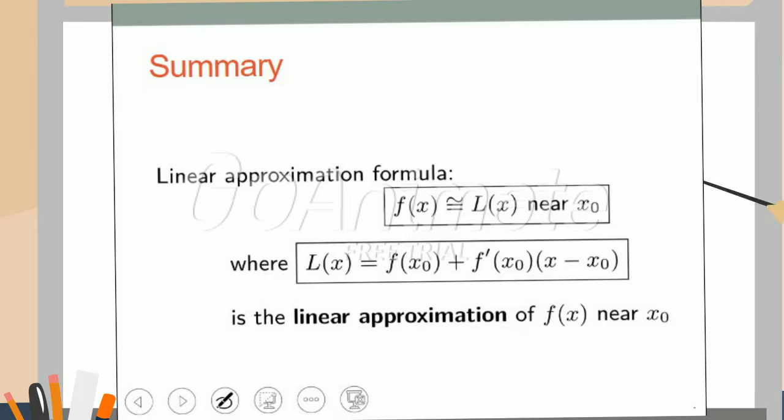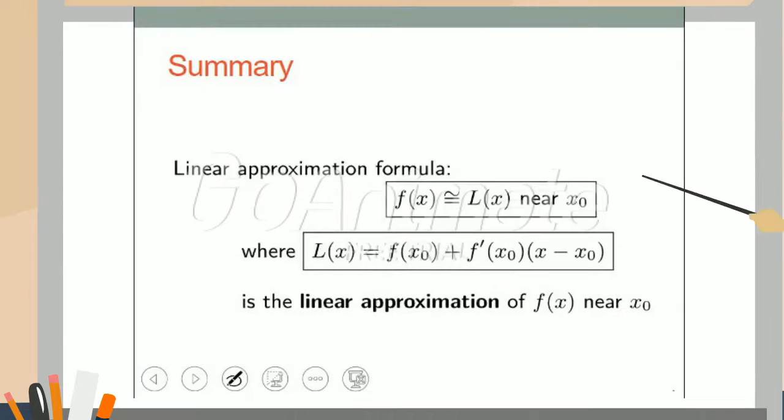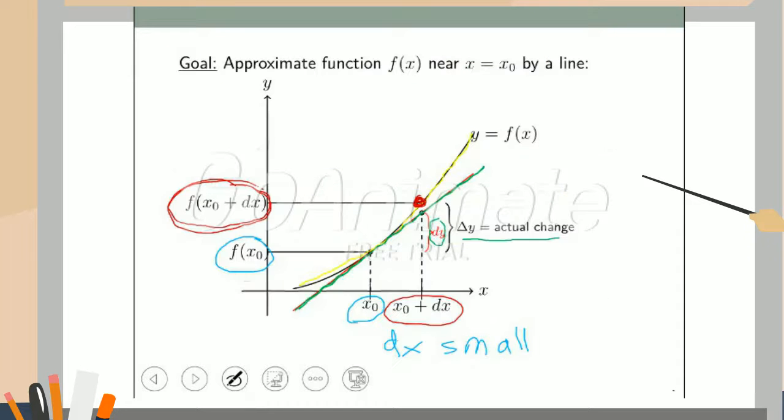So to summarize, we say the linear approximation formula for the function f of x near x naught, we denote it by capital L of x. This green line is in fact our linear approximation.